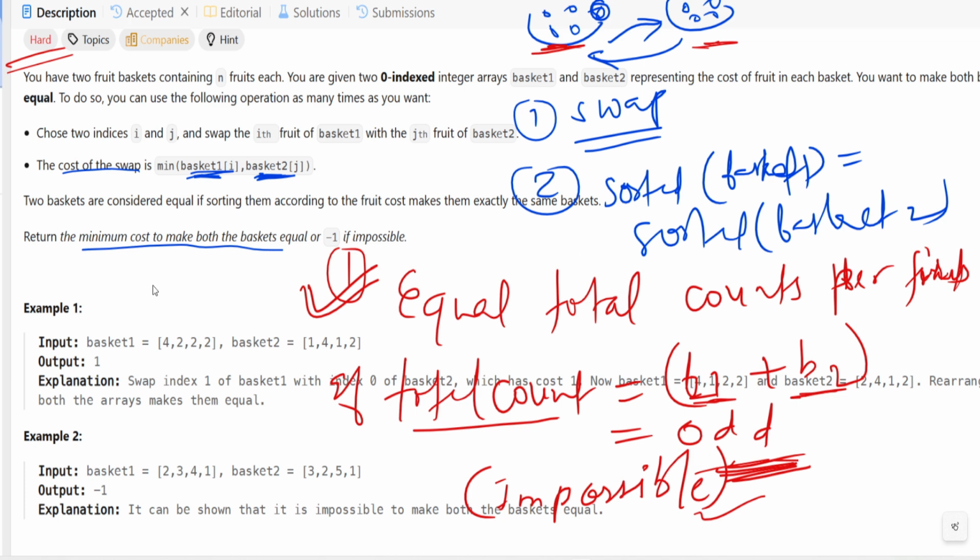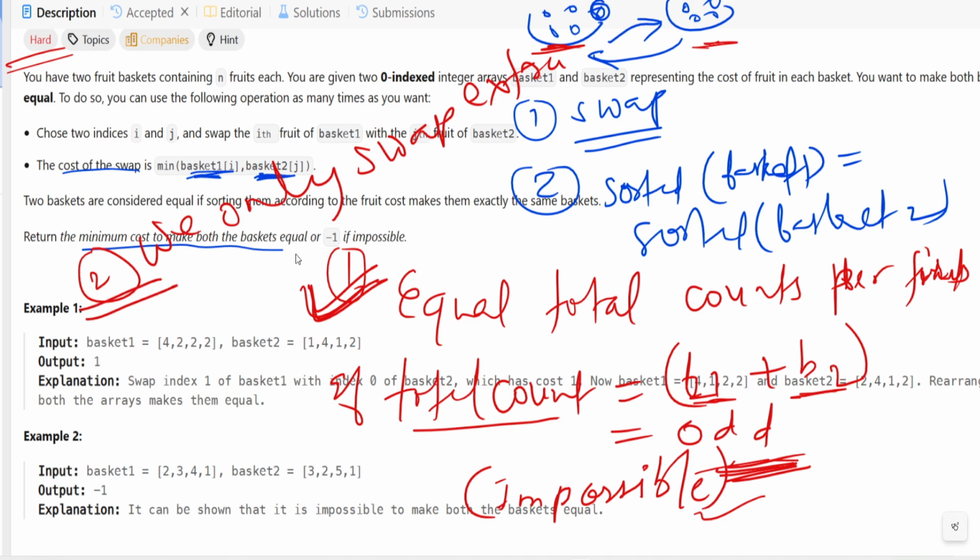Another condition is that we only swap extra fruit. The very first condition was equal total counts per fruit. The second condition: an extra fruit in one basket must be swapped with the extra fruit from the other one.